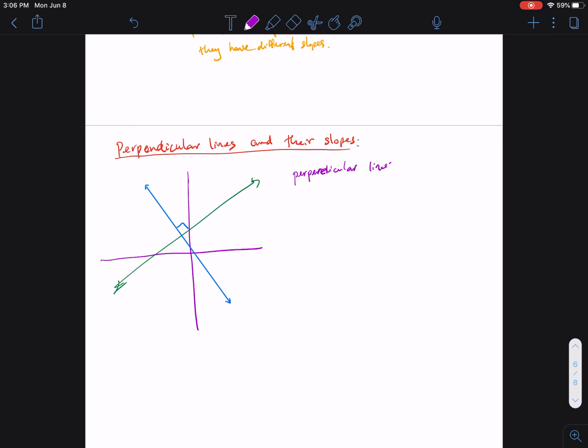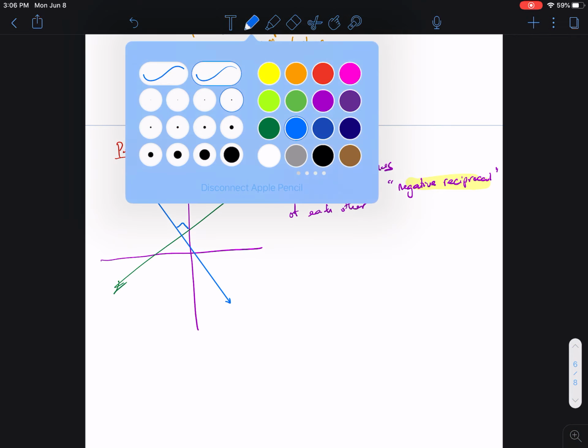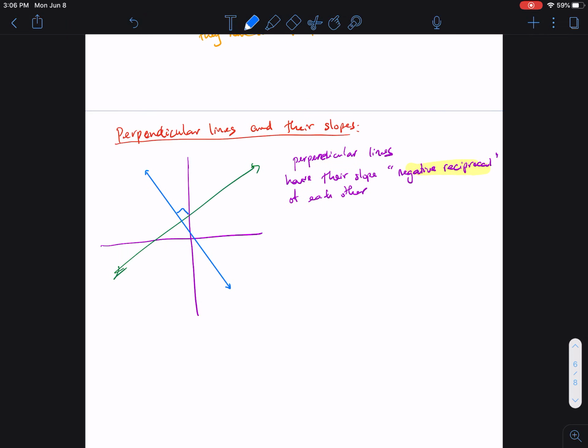So we can say perpendicular lines have their slopes negative reciprocal of each other. That means if this is line 1 and this is line 2, let's call the slope of line 1 M1, and say it's 2/3.